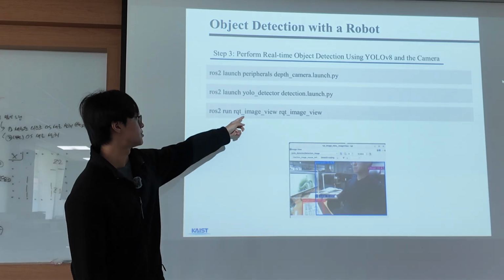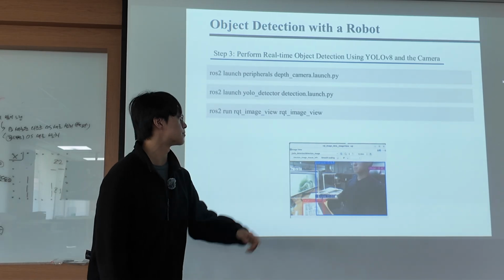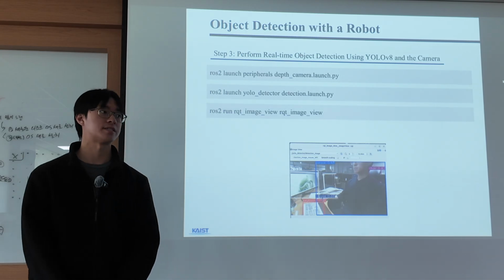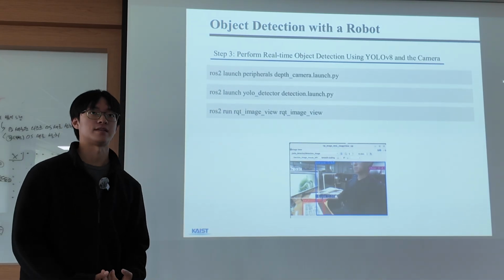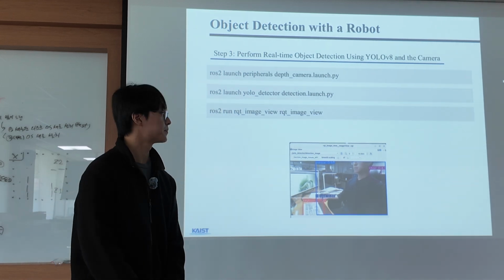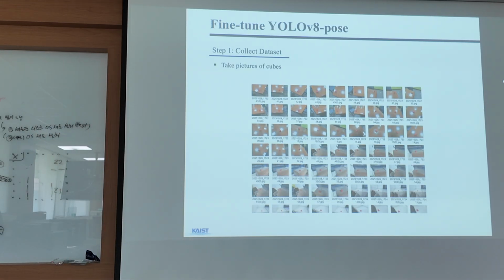To see this, run the rqt image view program and select the proper topic, like the YOLO detector detection image topic. Then you can see the estimated result calculated in real time. That is the first activity we should do.